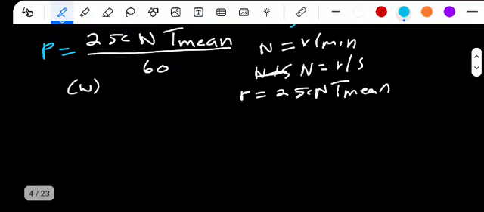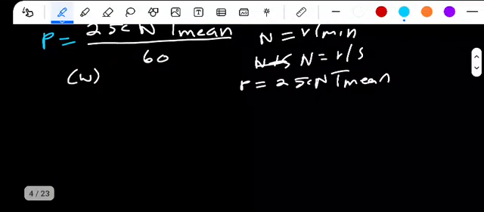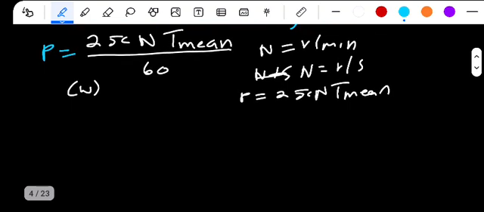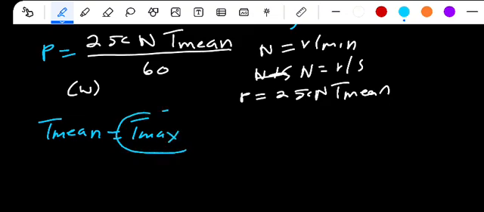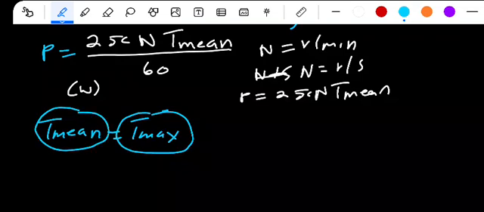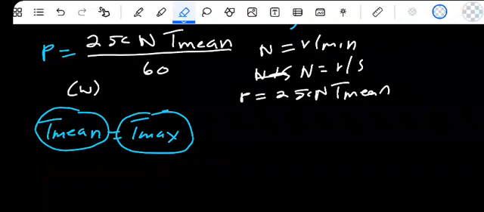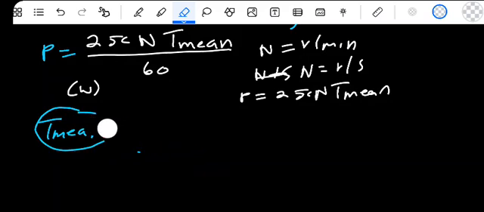What about the mean torque? You'll get the mean torque from the maximum torque, from the maximum torque formula. What is the maximum torque?